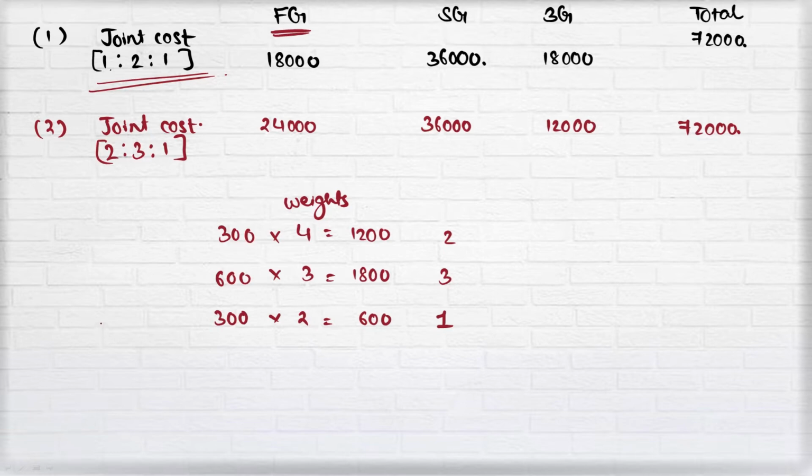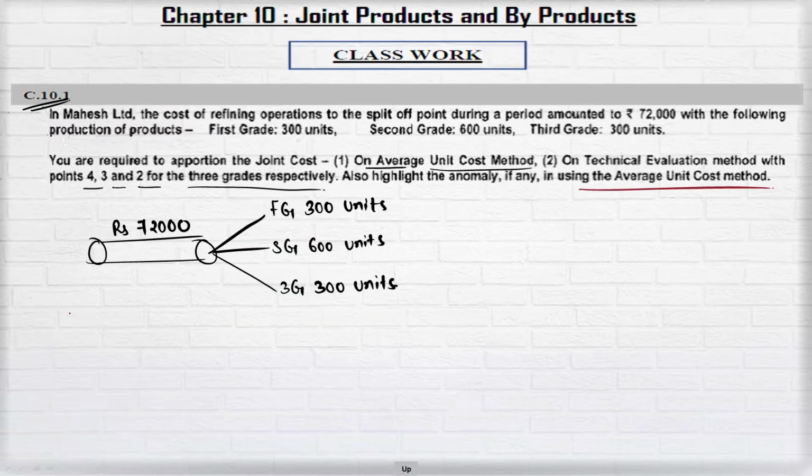It is first grade. So it might be having more value. So it might be absorbing more cost. It should absorb more cost, which is not taken into consideration if you just apportion the joint cost in physical units method. What is the loophole when you use the physical units method? The value of the goods are not taken into consideration and only quantity of goods are taken into consideration.